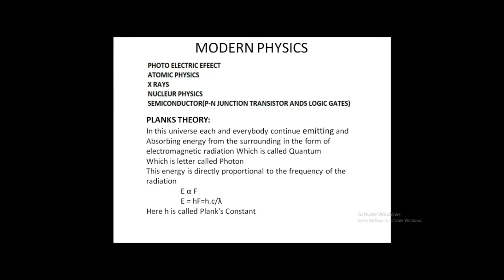This energy is directly proportional to the frequency of the radiation. That means E is directly proportional to f, and we all know that frequency equals c by lambda, where c is the speed of light and lambda is its wavelength. So by removing the proportionality, we have to mention a constant which is called Planck's constant.